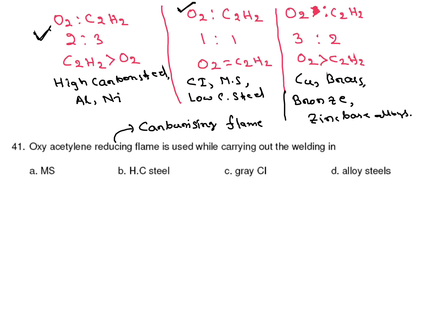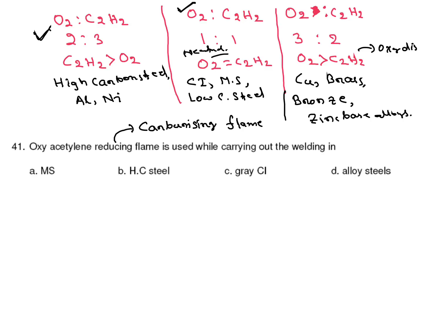In an oxidizing flame, more oxygen and less acetylene are used, 3:2 ratio. These ratios are also important. In carburizing flame it's 2:3, in neutral flame it's 1:1, and in oxidizing flame it's 3:2.